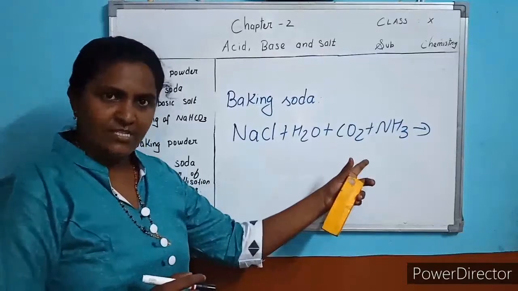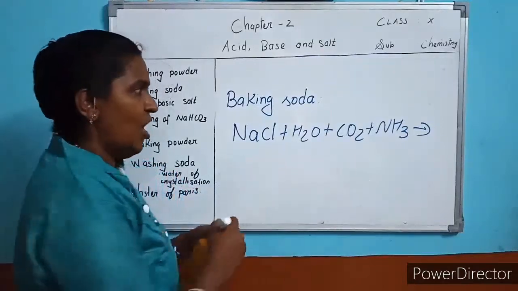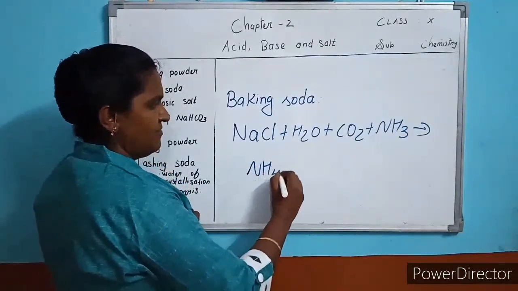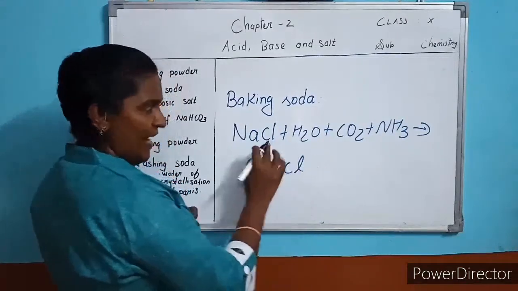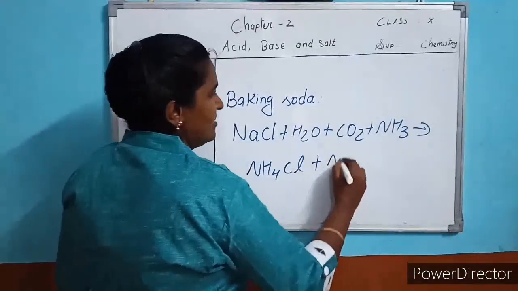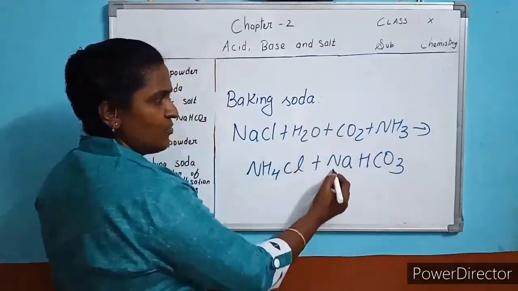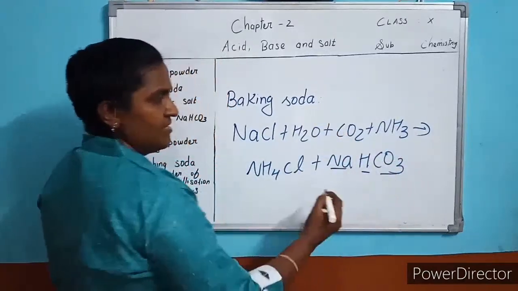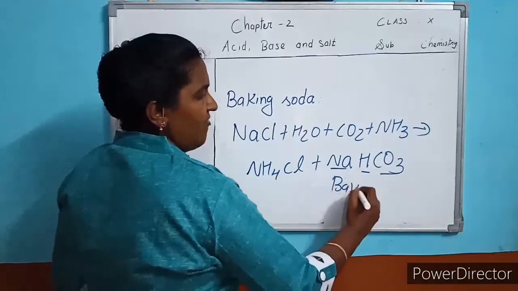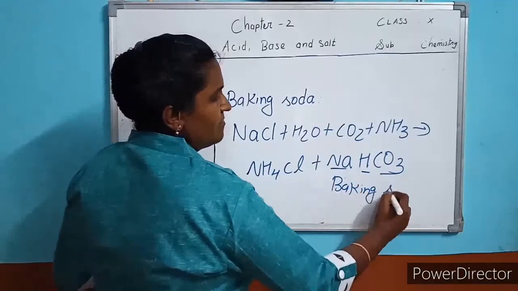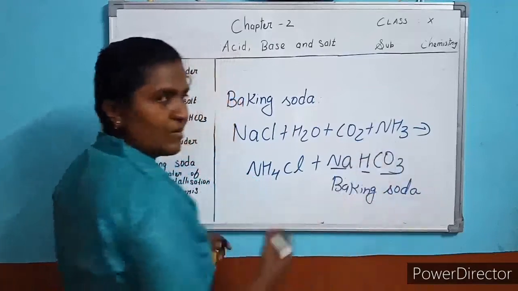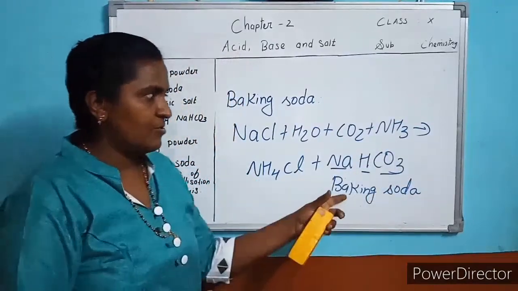After adding this, you will get ammonium chloride plus sodium bicarbonate. Sodium bicarbonate. This is baking soda.